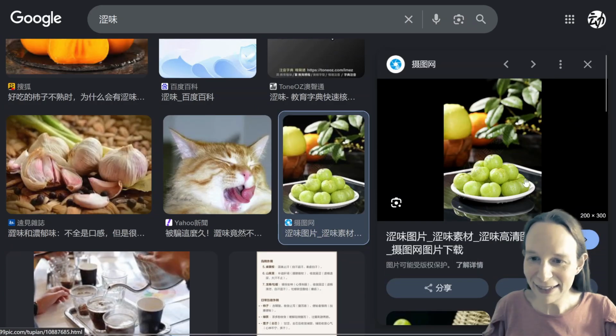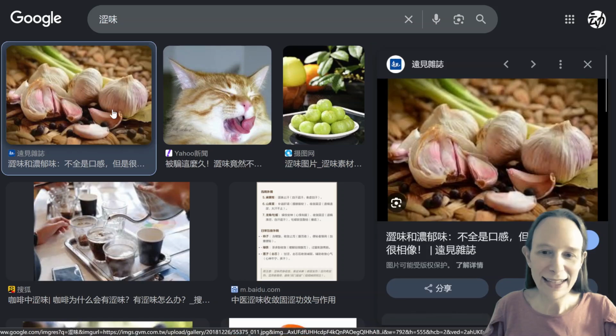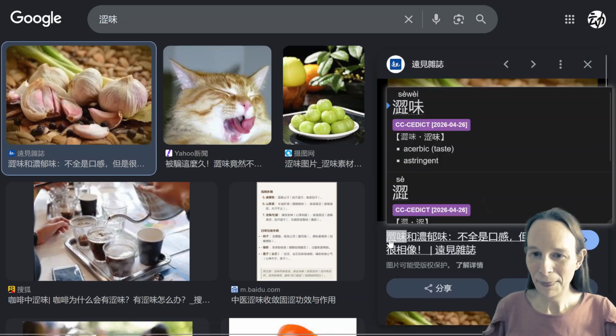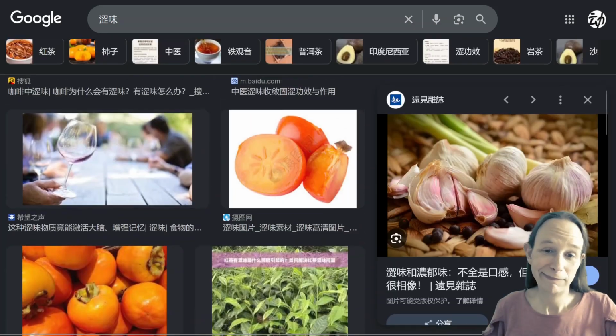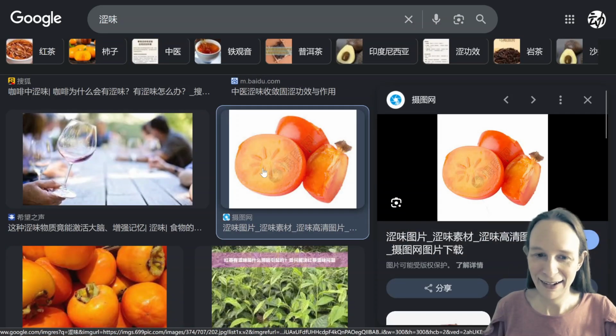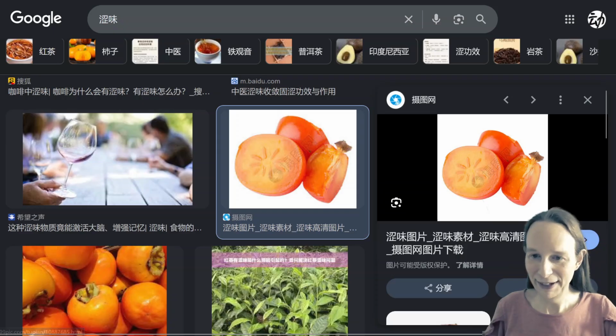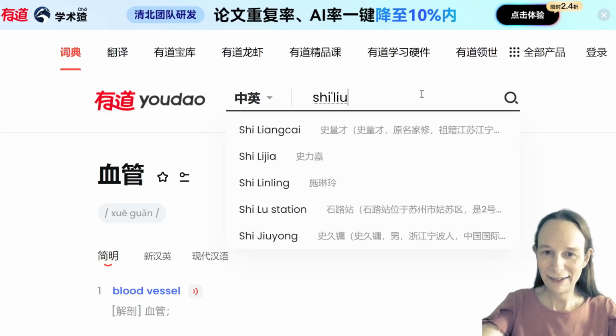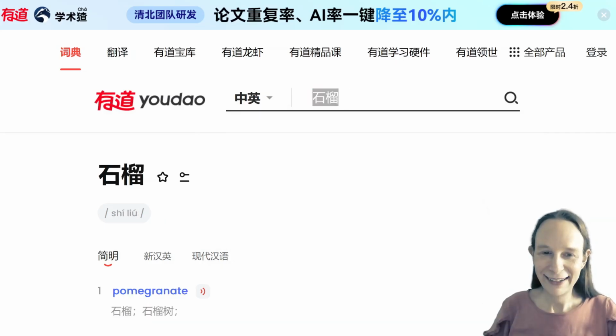So apparently, what is this? Persimmons? I can't see. Garlic. Garlic is 涩味. I don't know. This is persimmon, right? Persimmon is 石榴, right? I always get this mixed up. 石榴. Pomegranate.